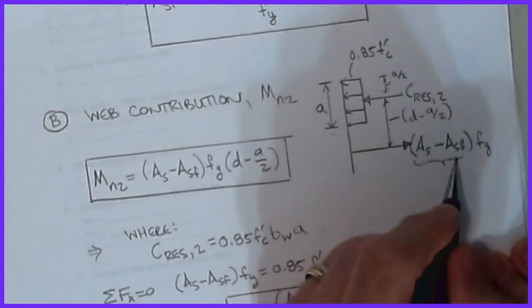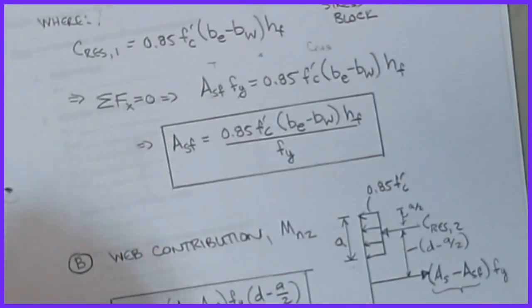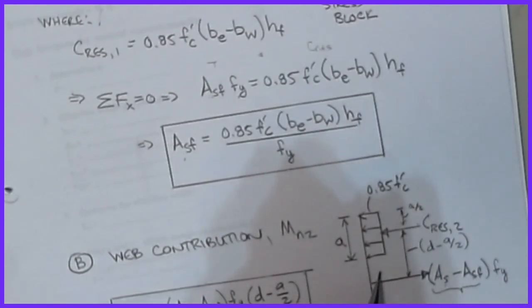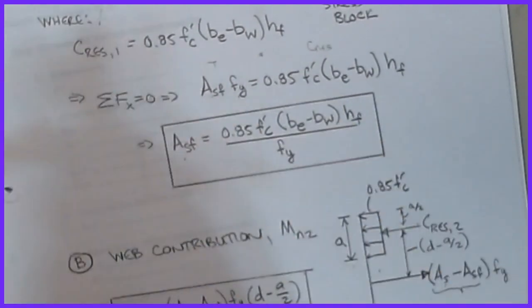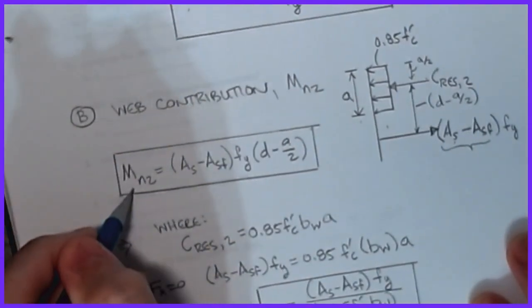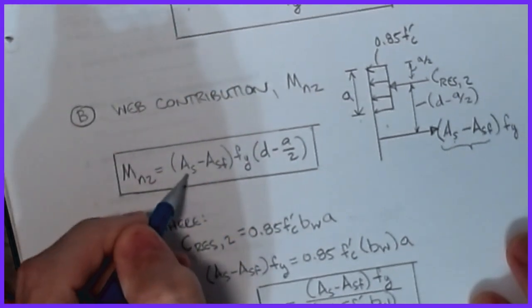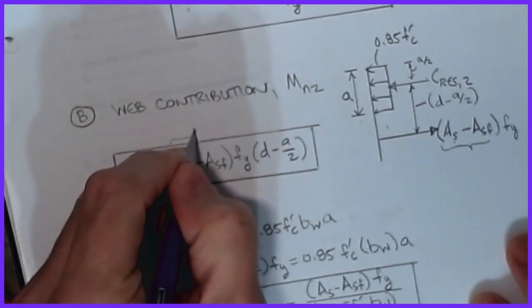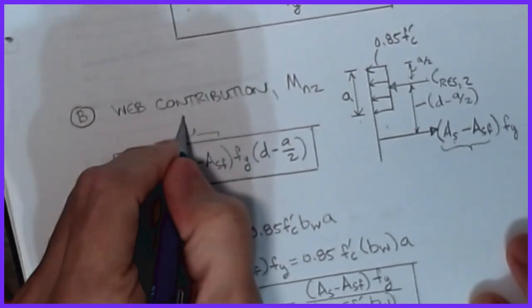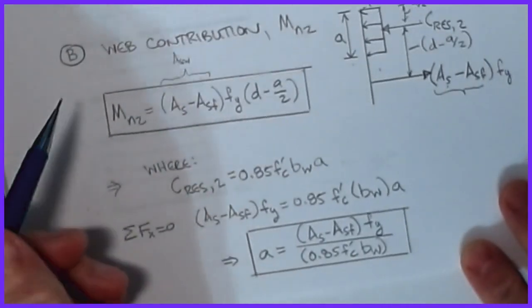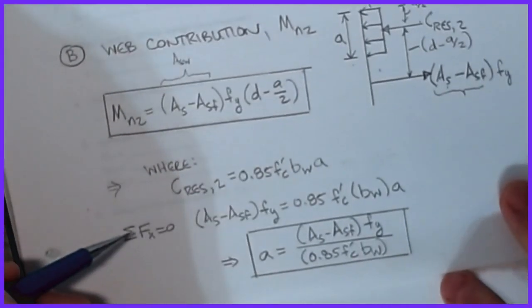It's the difference, or what's not claimed by the flange portion. This is now allocated to be part of the web portion. And so I can calculate that web portion times FY, and very quickly calculate my nominal moment capacity as AS minus ASF times FY times D minus A over 2. So the only thing that changed was this piece. If you want to call that AS for the web or something, you can do so, but otherwise everything else of the procedure is exactly the same.